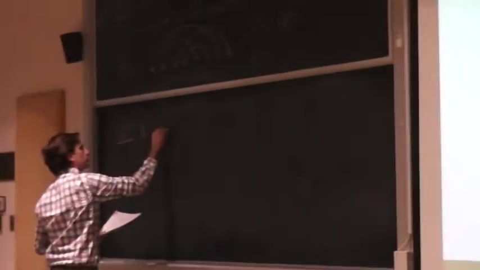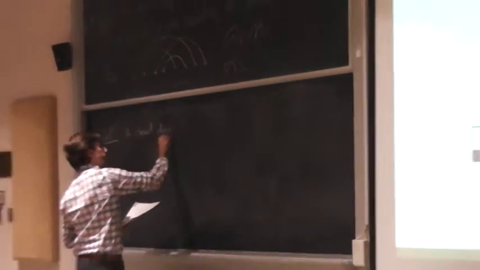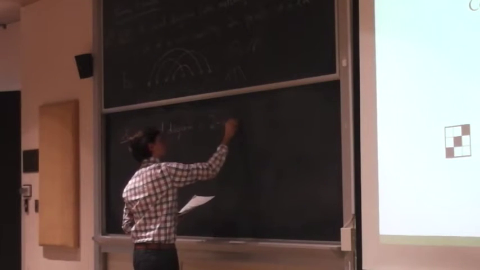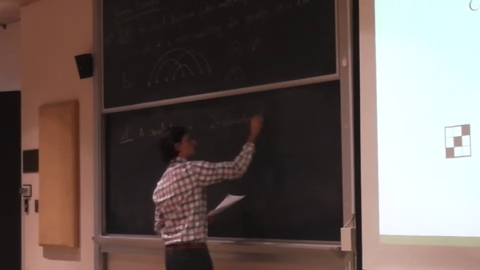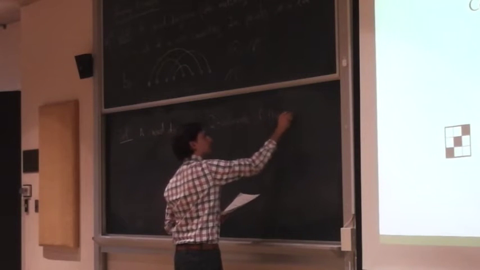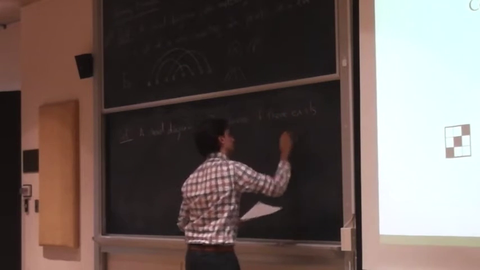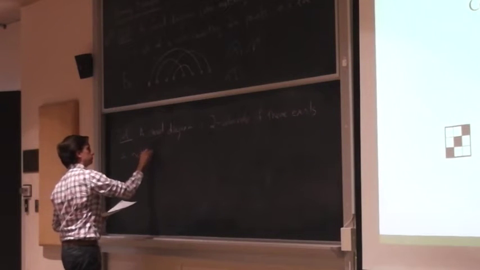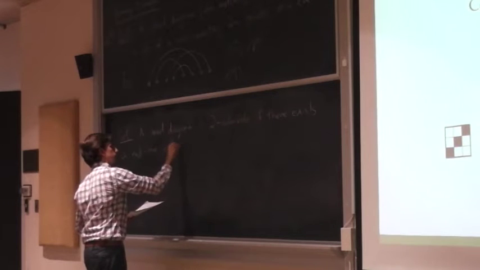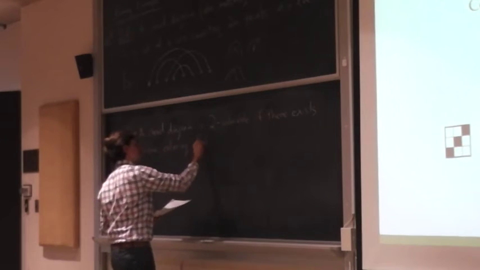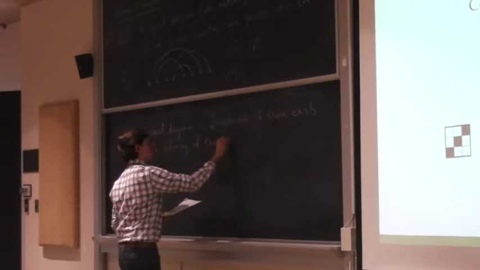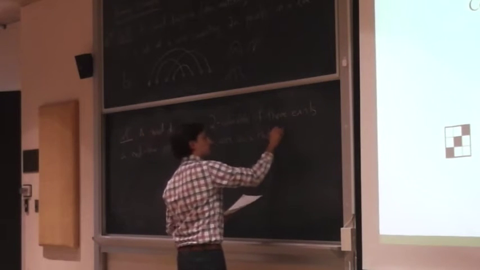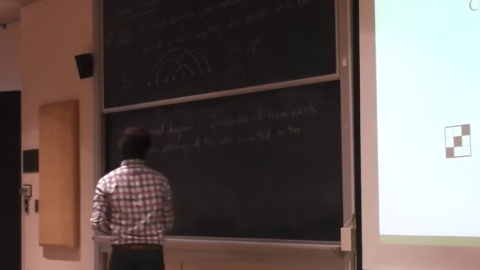A chord diagram is 2 colorable if there exists a red-blue coloring of the arcs, such that no 2 arcs of the same color cross.